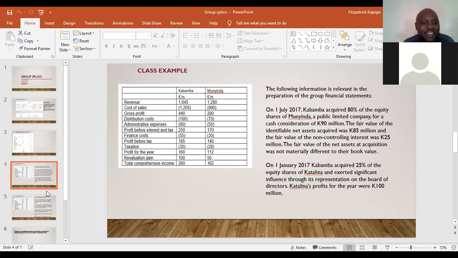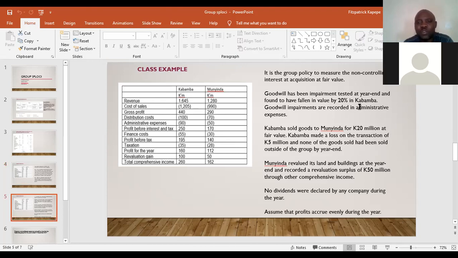Now that 30, there was an impairment of how much? Of 20%. So what is that impairment? How much is the impairment? The impairment is 5 million.